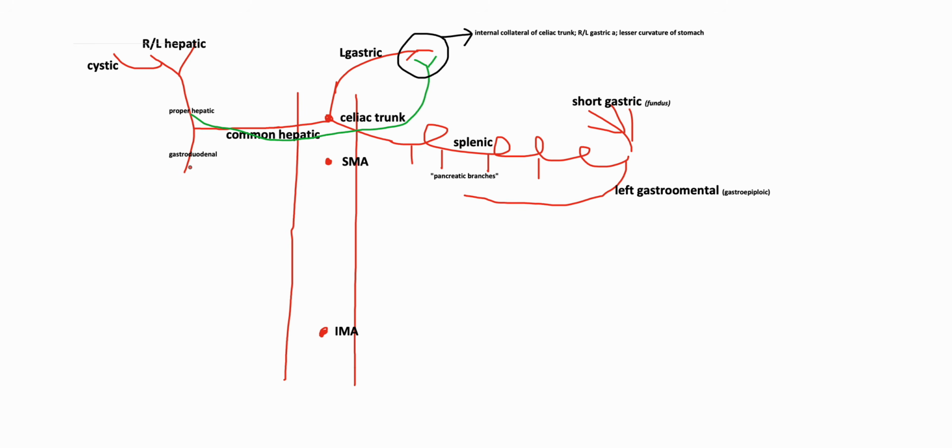And that comes from our gastroduodenal artery. So I'm going to draw it in a different color. And it anastomoses with the left gastroomental artery. And this is our second example of an internal collateral within the celiac trunk.